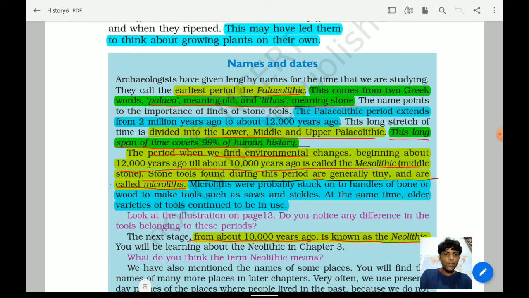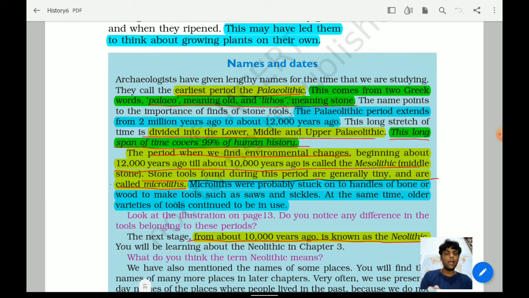So the Paleolithic period extended from 2 million years ago to about 12,000 years ago, divided into lower, middle, and upper Paleolithic. So we can understand that the very first period in the Paleolithic must have been the lower, then the time changes and we called it the middle period, and then the upper part of the Paleolithic.